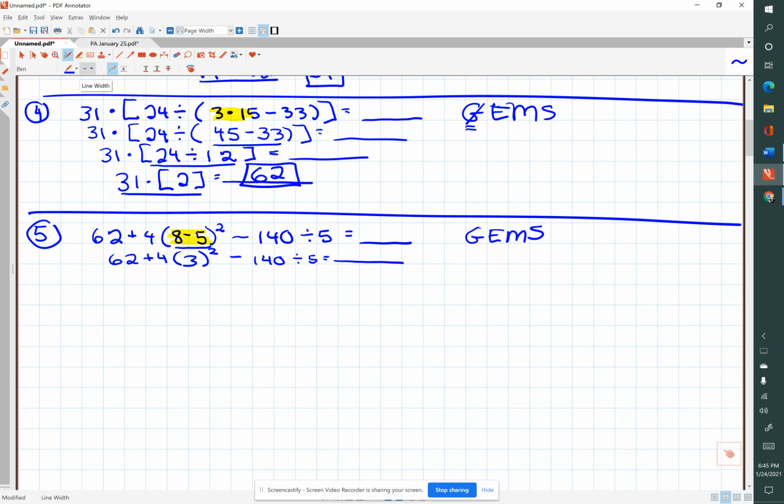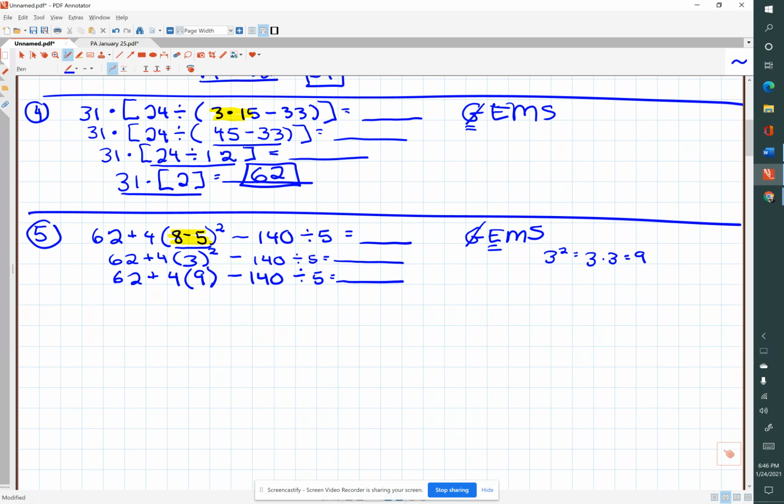So next thing we'll do is we have an exponent, and that is 3 to the second. 3 to the second means 3 times 3, which equals 9. So 62 plus 4 times 9, minus 140 divided by 5 equals.